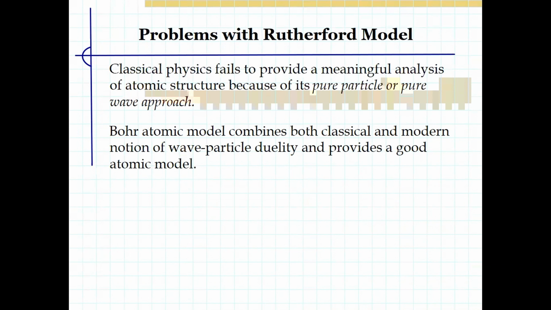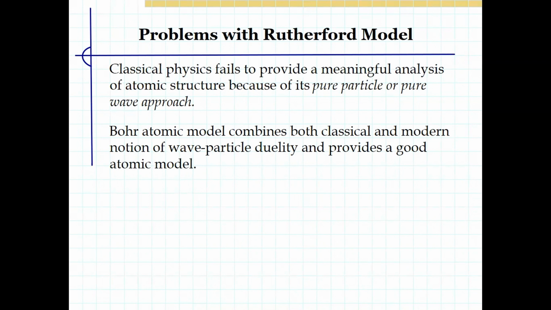Classical physics is a very meaningful physics, but it fails to provide any analysis of atomic structures because of the pure particle or pure wave nature. So we had to go further to address such problems.